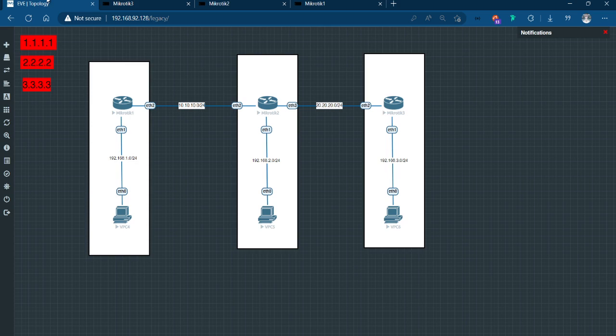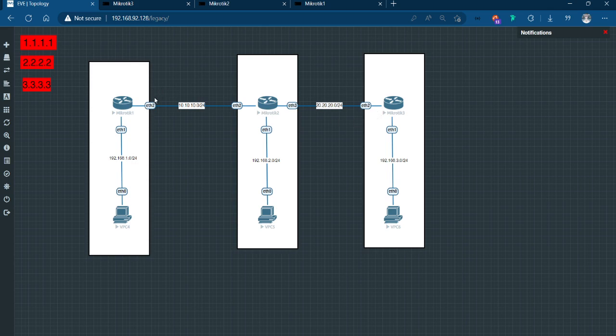For the routing process, Mikrotik number one routes to Mikrotik number two, and the gateway of Mikrotik number two goes to Mikrotik number three.